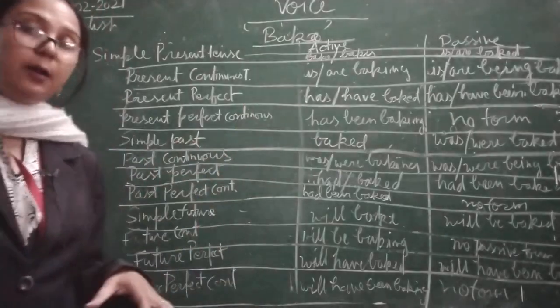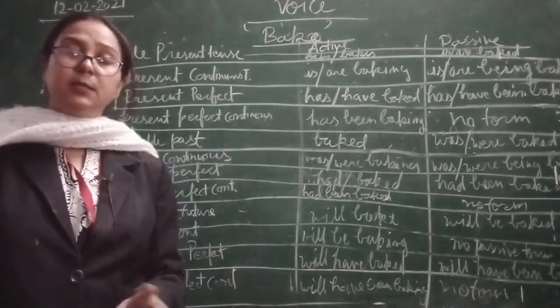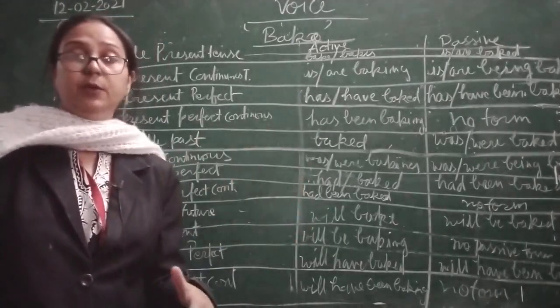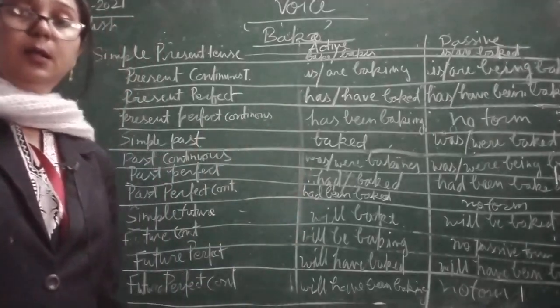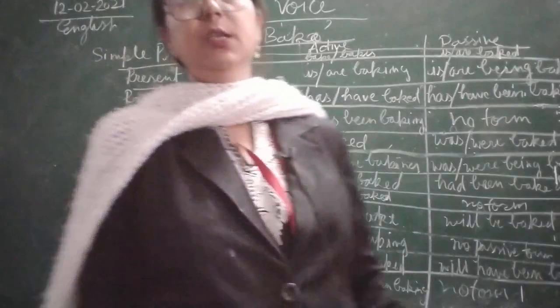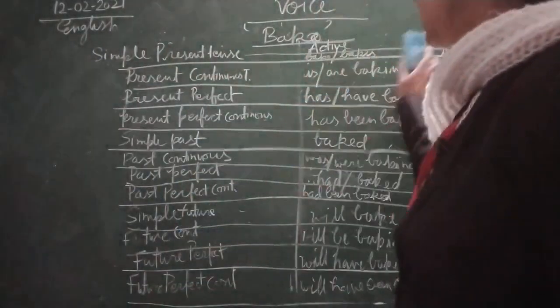After that we will start with the simple tenses, how we will convert active to passive voice. So children, let's start. Now children, we will learn how to change simple present tense from active to passive voice.